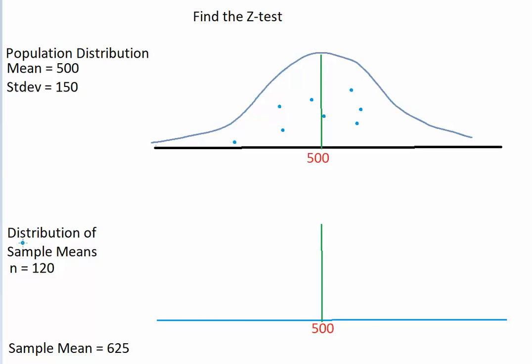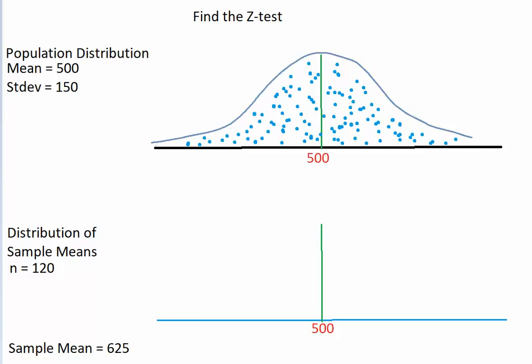Down below, we're going to have a distribution of sample means. For a distribution of sample means, every sample will consist of 120 values randomly selected from up above, and then its average recorded down here below. So up above, I've gone ahead and indicated 120 dots here, and they would represent our sample size.